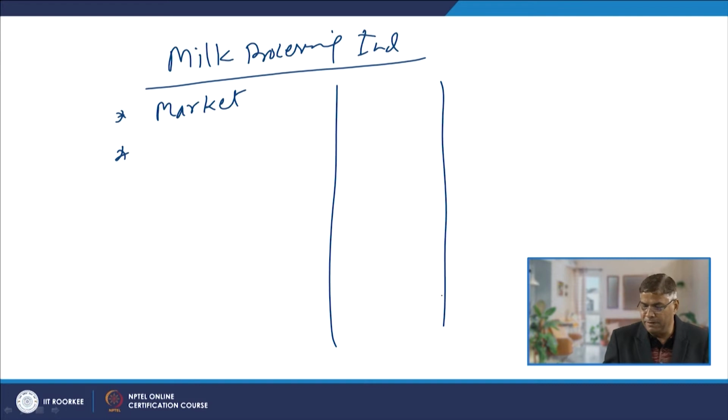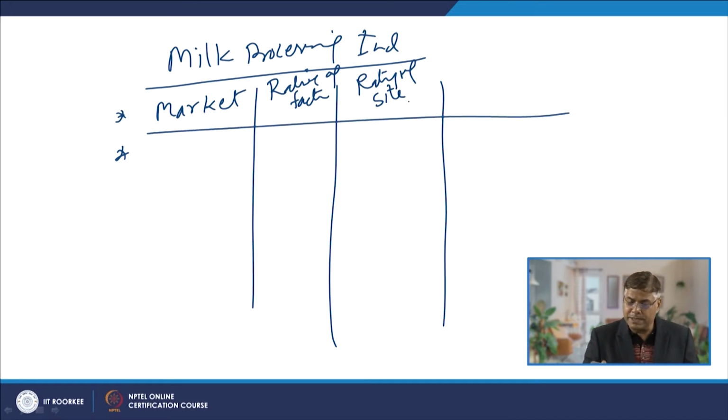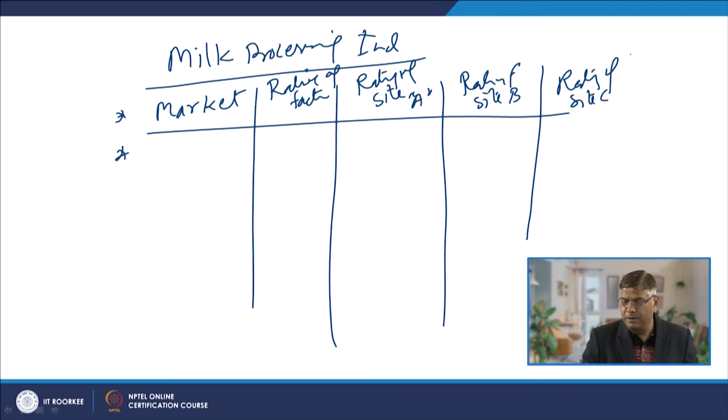And then we will have the rating of the factor, and then here we will have the rating of the site for this factor. Okay. So, the rating of the site for each factor: rating of site A with respect to the market, then rating of site B for the same factor, then rating of site C for the same factor.